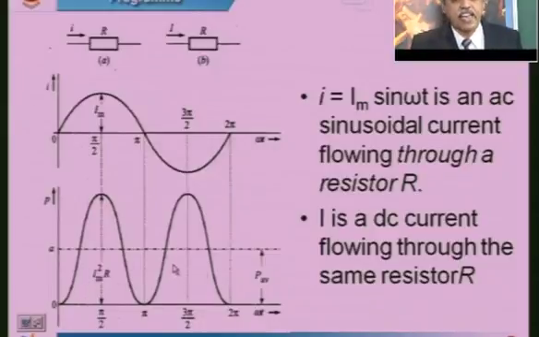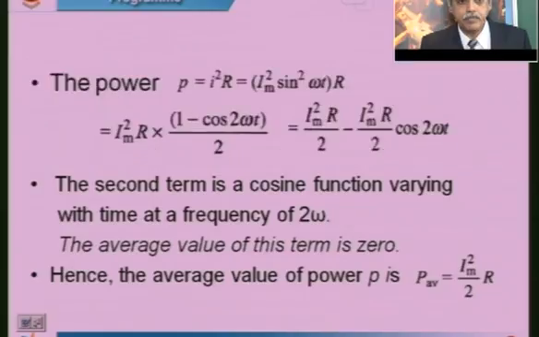Therefore it is not alternating; it oscillates between 0, a maximum value, and again 0, again a maximum value. If I calculate the average of the power curve, that average value will give you the effective value, the RMS, of the sinusoidal quantity.